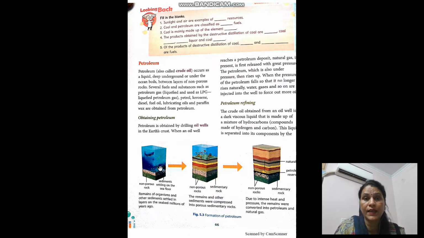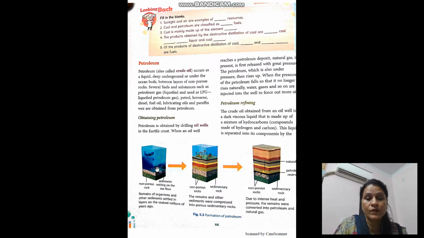Now first of all, just now we had a discussion that it occurs as a liquid, right? While the coal occurs as a solid, deep underground, petroleum is present under the ocean bed. Between the layers of non-porous rock, it is trapped.